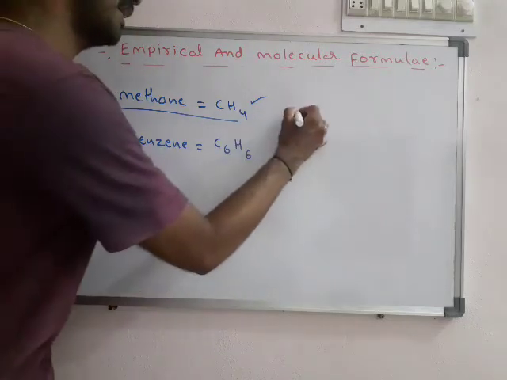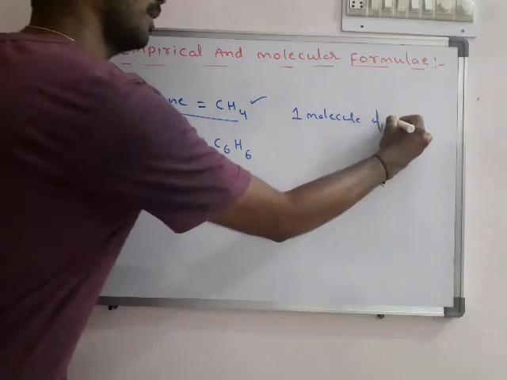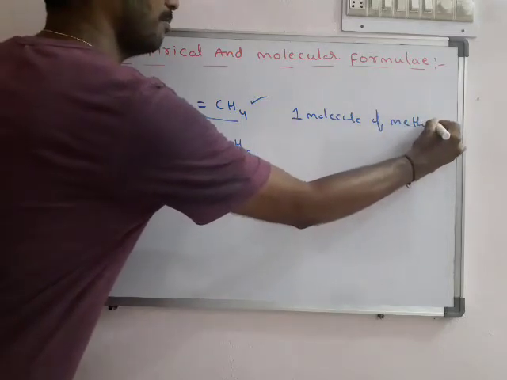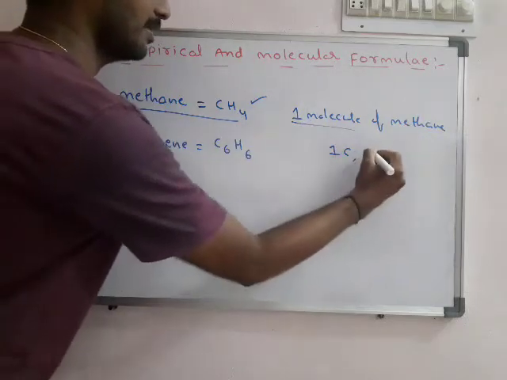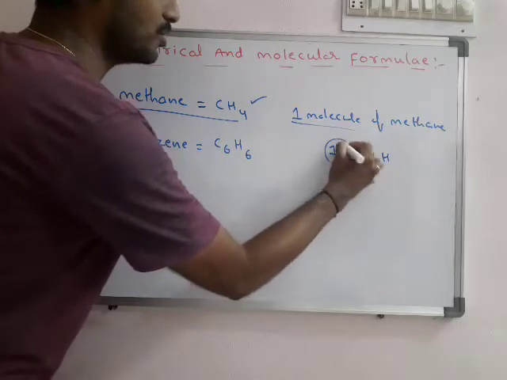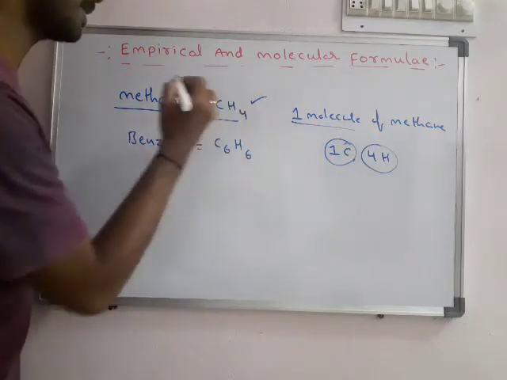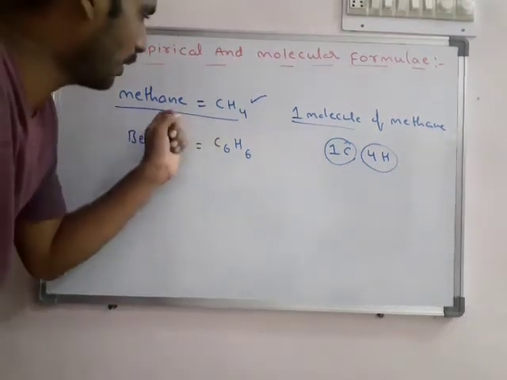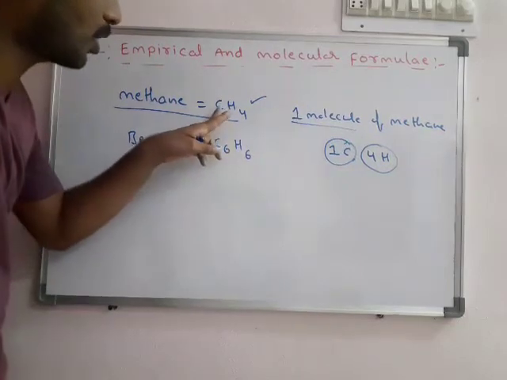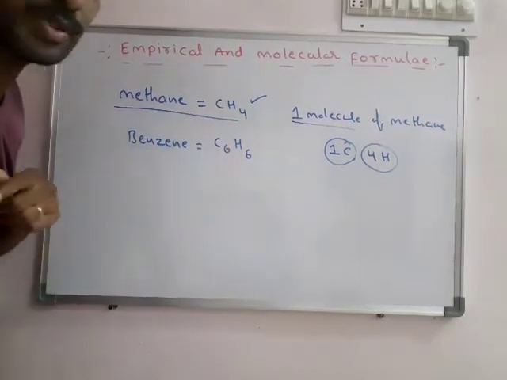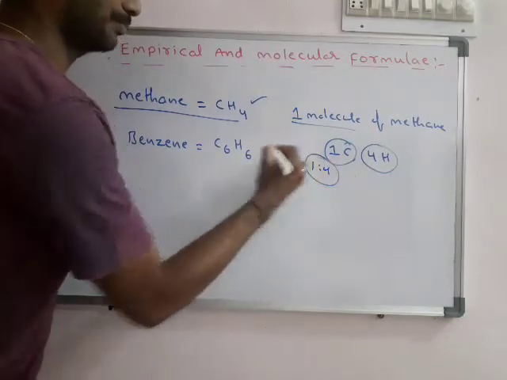Its meaning is that one molecule of methane has one carbon atom and 4 hydrogen atoms. So if we take one molecule of methane, one carbon atom is present and 4 hydrogen atoms are present, means they are in 1:4 ratio.